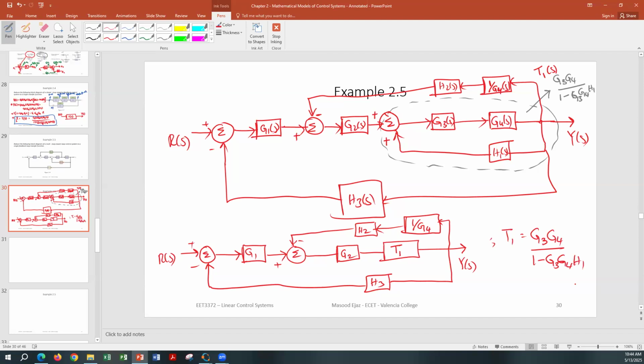So we start with the elimination of the innermost one, and I eliminated that innermost one and replaced it by T1. And now we can go ahead and eliminate the one that is bigger, which is this one. Replace it by a single block.